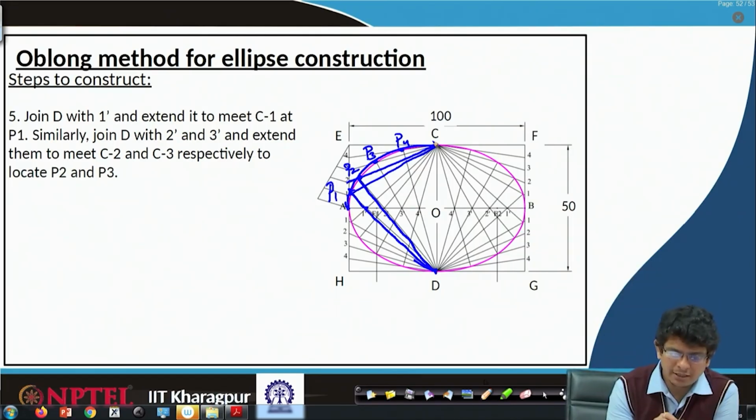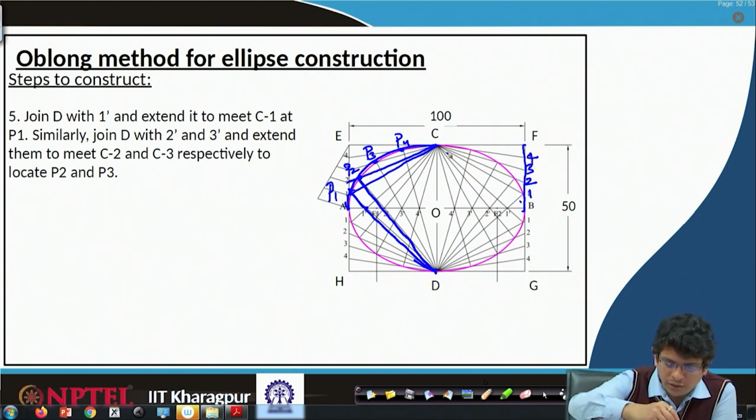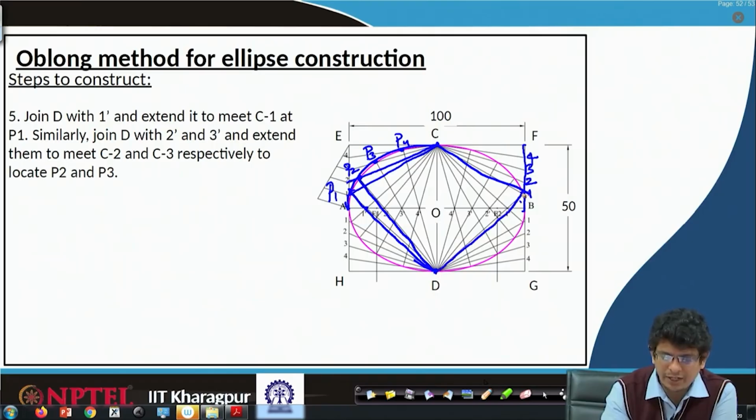Once it is done, the same procedure we have to repeat from C all the way to the BF line, dividing it into 1, 2, 3, 4, and draw a line which goes from C via 1. Similarly, from point D all the way through 1 prime, wherever it intersects, call that point.